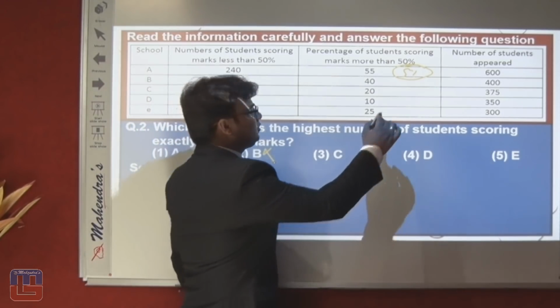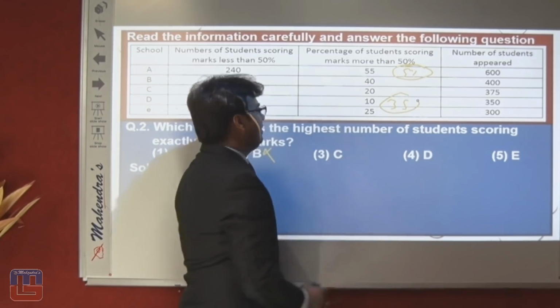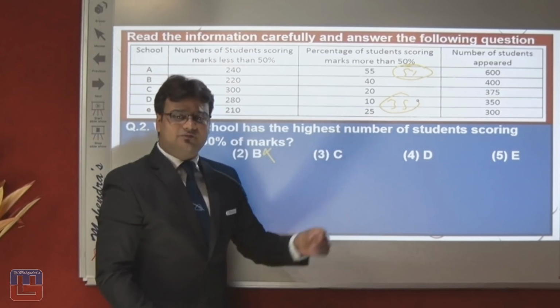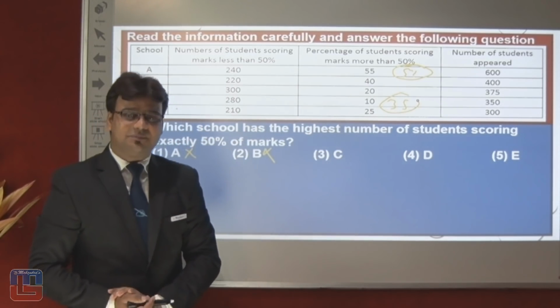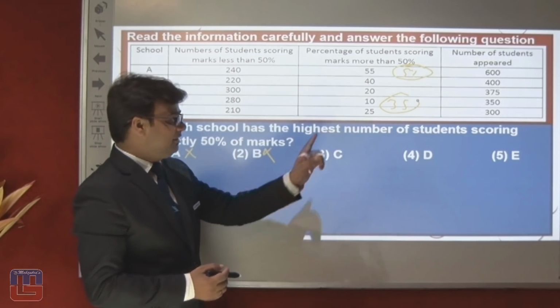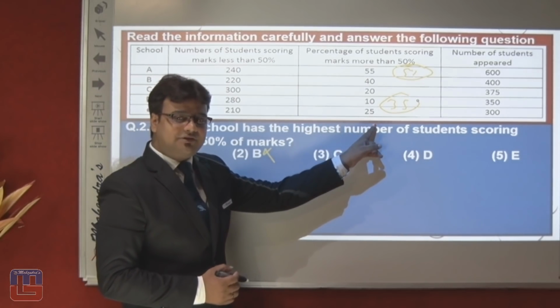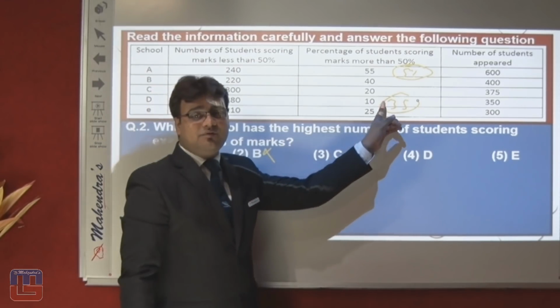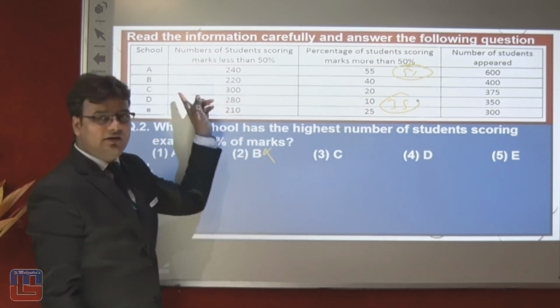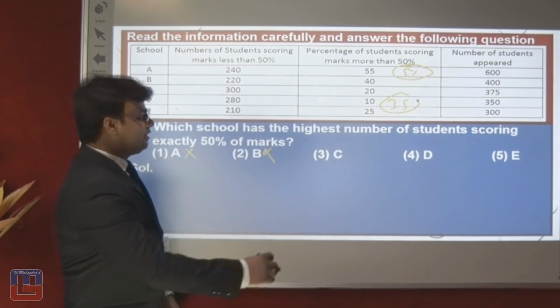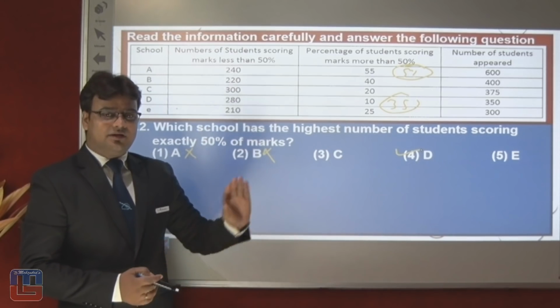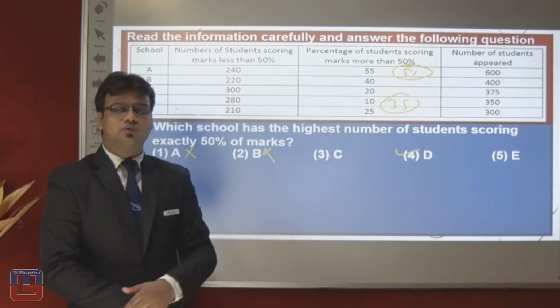That means 35 students in D. And next, see, 210 is 70%, and the other is 25%. 70 plus 25 is also 95%, that means 5%. And 5% of 300 is 15. So the maximum number of students is in which school? It is clear, it is D. So the school with the highest number of students getting exactly 50% marks is school D.